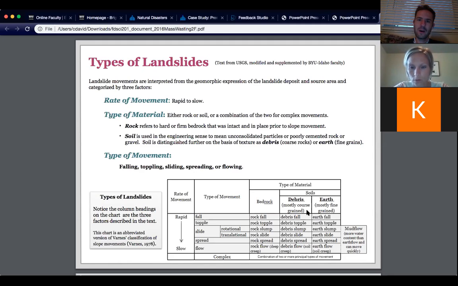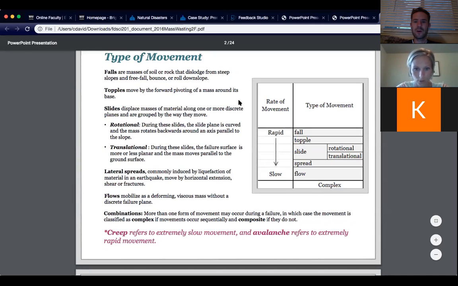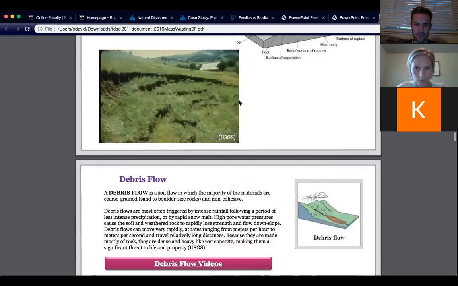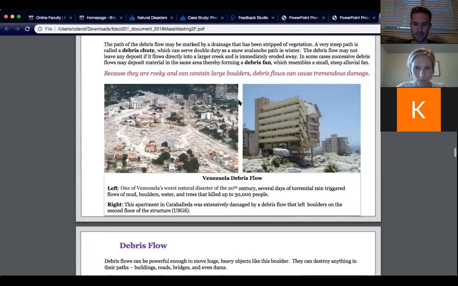So you can have debris flows. For example, I'm just going to slide down to the debris flows slide to show you, since your question's along those lines. Here you go, debris flow.